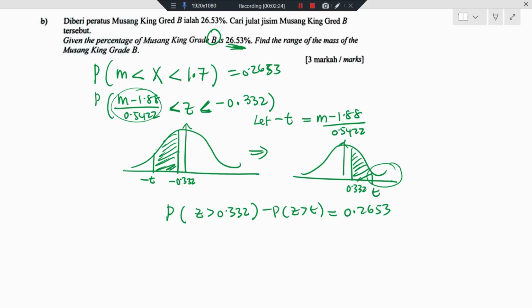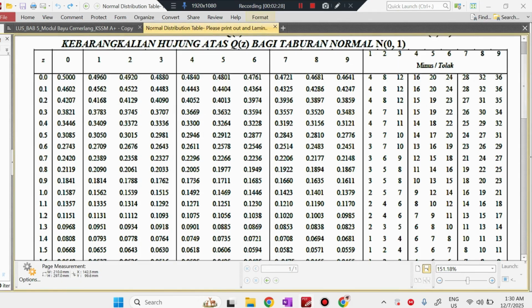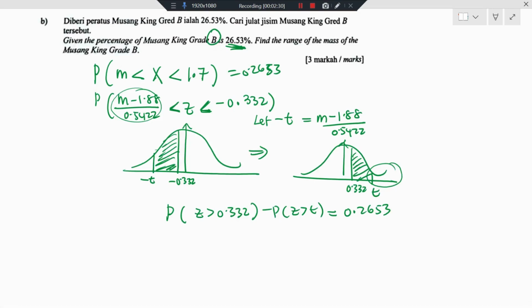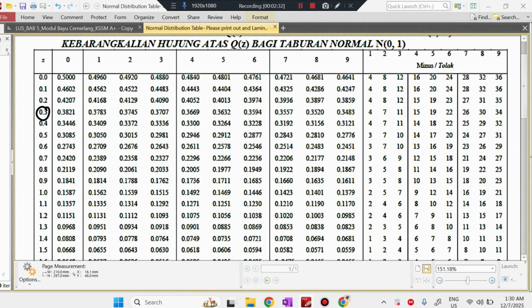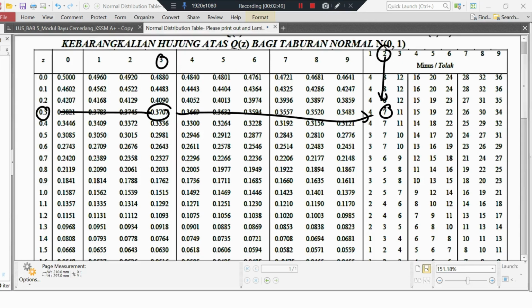So this one, 0.332. Let's calculate. We are finding probability. We have 0.33, and then 2. So the probability is 0.3707 minus 7. So it will be 0.37.